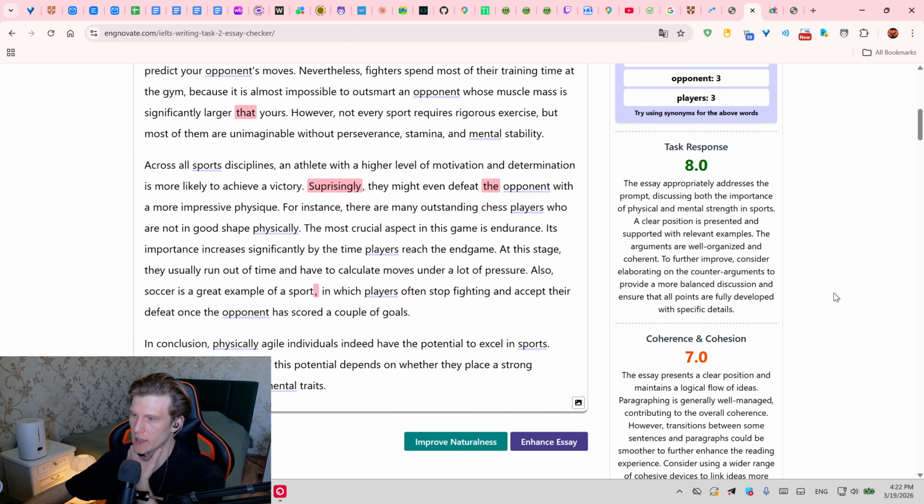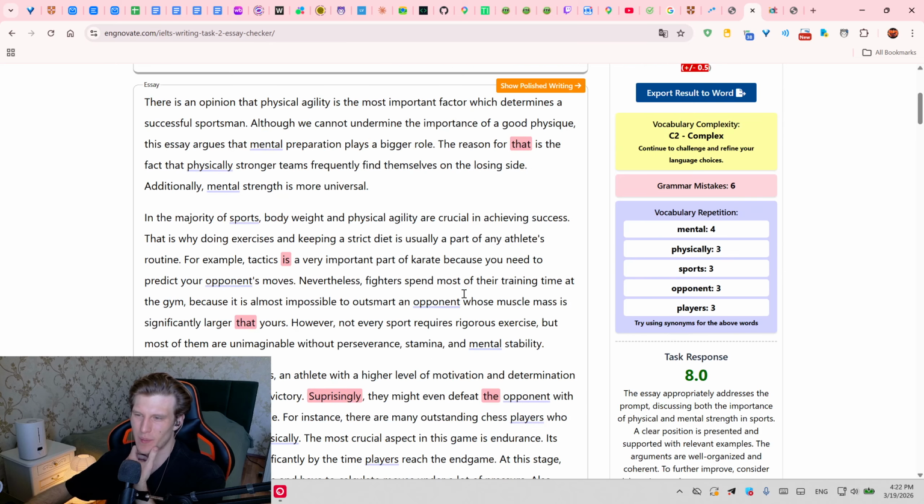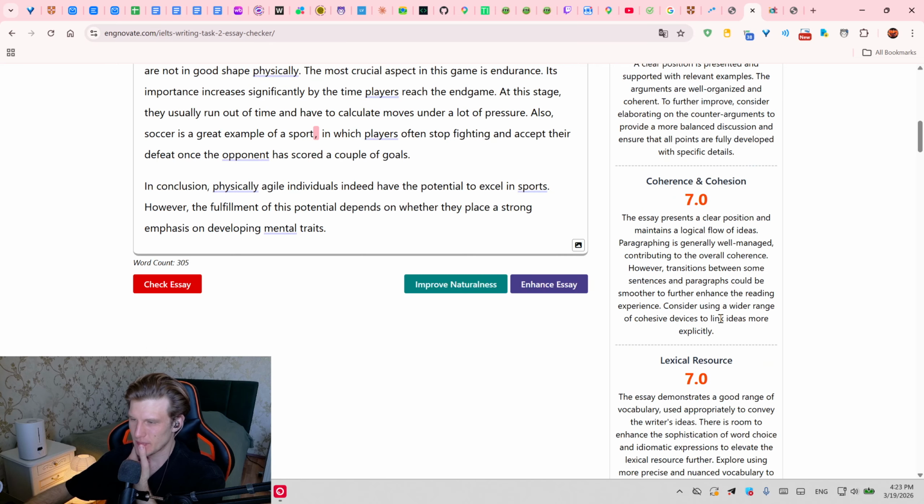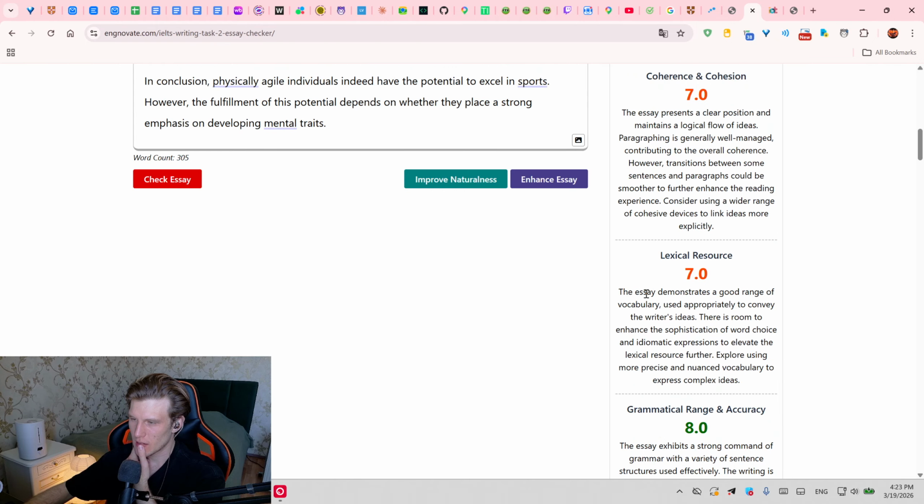The point here is to, okay, let's read. A good range of... okay, do you really think it's a 7.0? Probably it's not that the range is small. Probably it's that not all of them are idiomatic. To enhance the sophistication of word choice, are you kidding me?